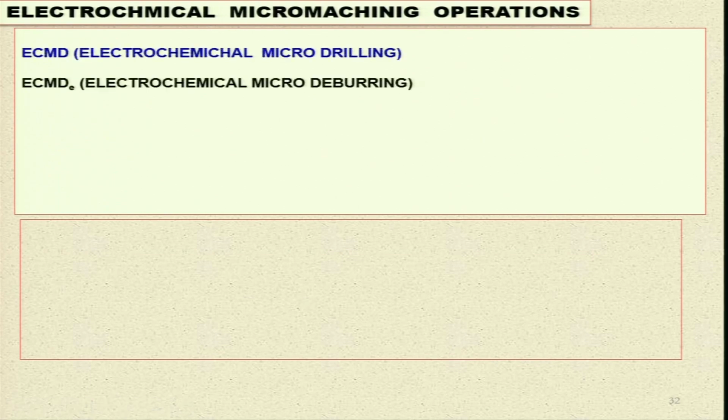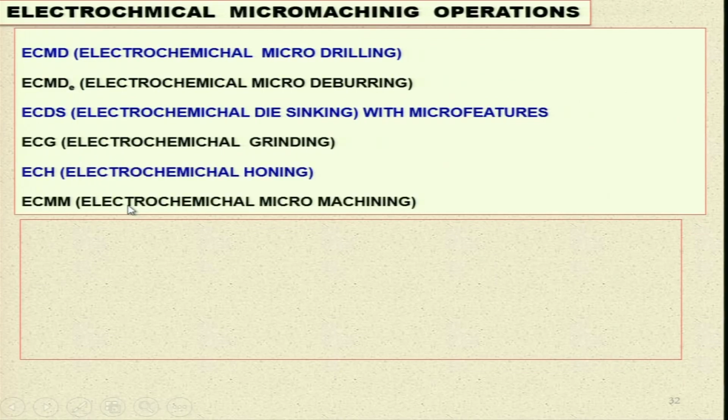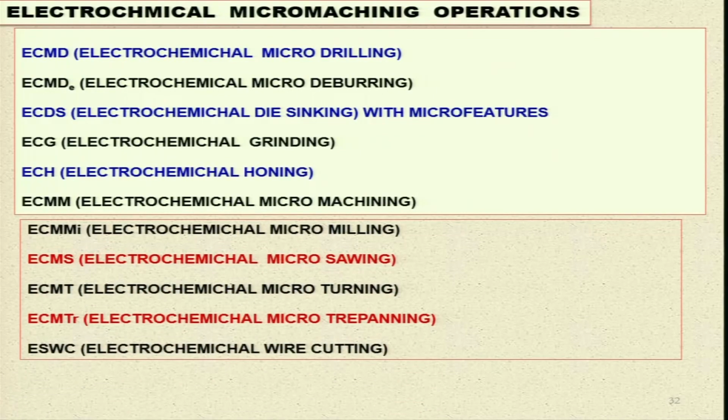Electrochemical micromachining operations, you can have electrochemical micro drilling, electrochemical micro deburring, electrochemical die sinking with micro features, electrochemical grinding, electrochemical honing, electrochemical micromachining, electrochemical micromilling, electrochemical micro sawing, electrochemical micro turning (ECMT), electrochemical micro trepanning, electrochemical wire cutting.